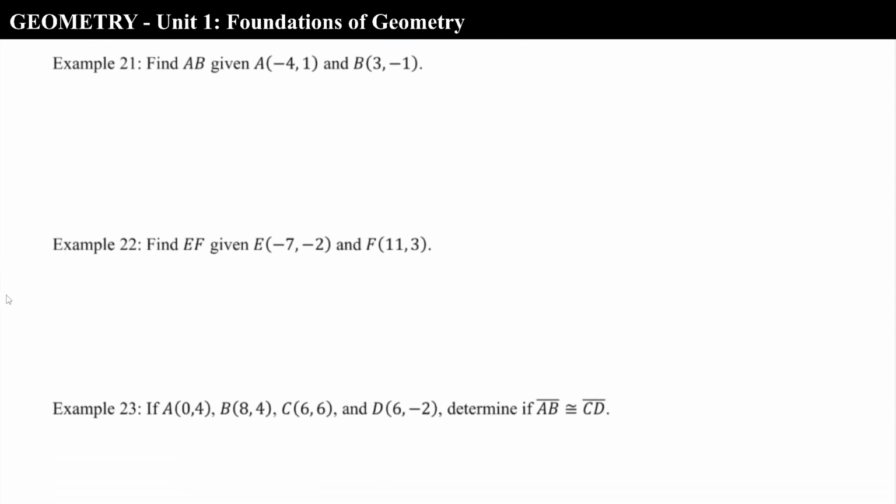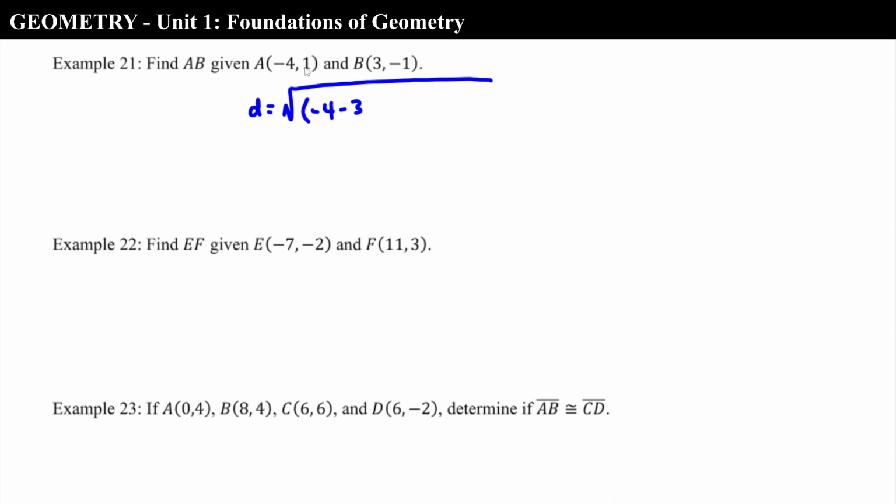Do what's in the parentheses, do your exponents, add those things together, do your square root. Example 21 is a little bit easier because we are going a little bit more straightforward with coordinates just being given to you. You don't have to find the coordinates. So we have d equals the square root. We're going to do the difference of our x's. So we have -4 minus 3.